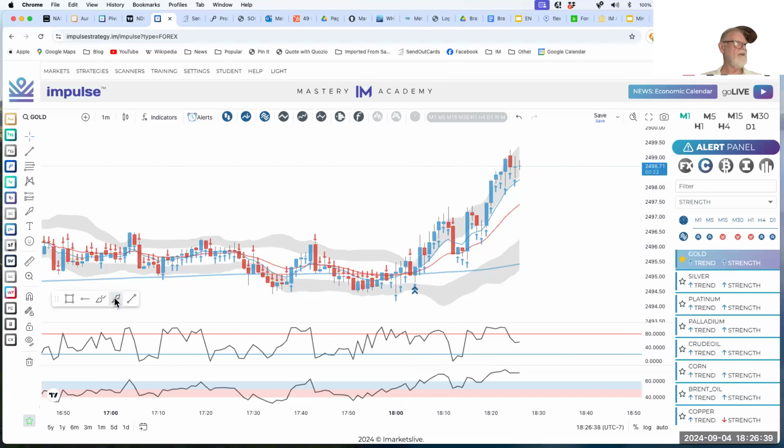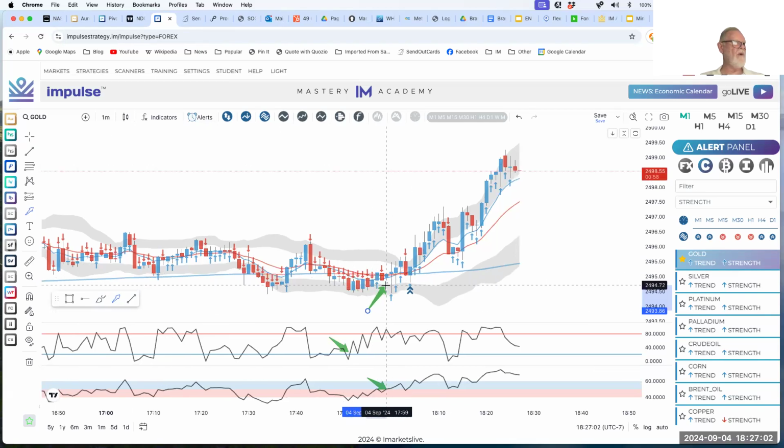This is telling us we're about to set up. This one a little later is saying now we're really setting up. After all these red down arrows, we suddenly see a blue arrow starting to appear here, so there's another signal.